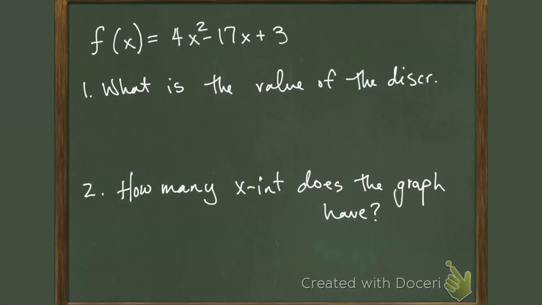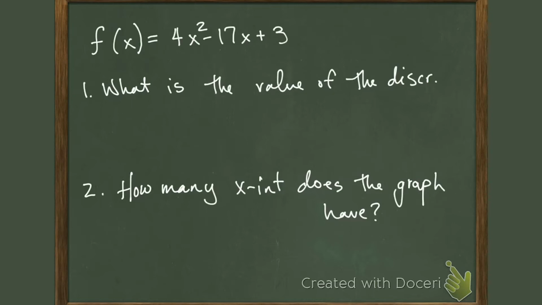Here is our problem. We have f of x is equal to 4x squared minus 17x plus 3. I've got two questions. I want to know what is the value of the discriminant of f of x, and how many x-intercepts the graph has.